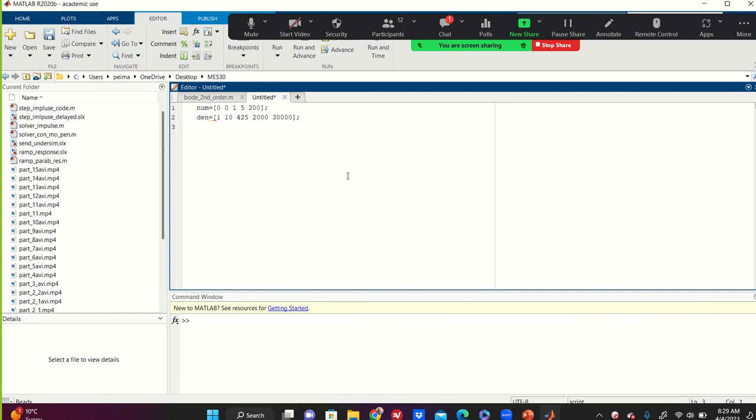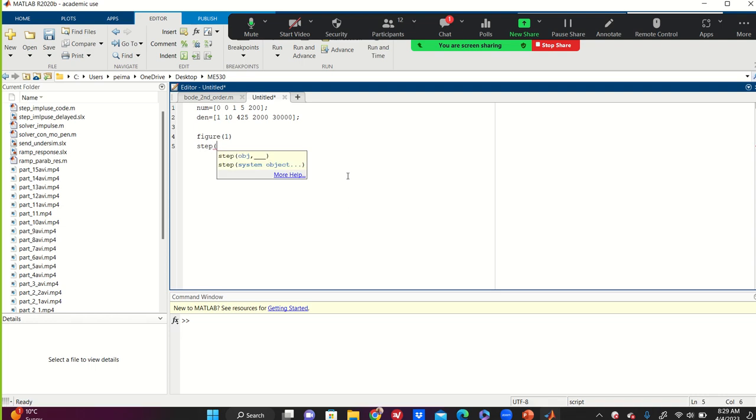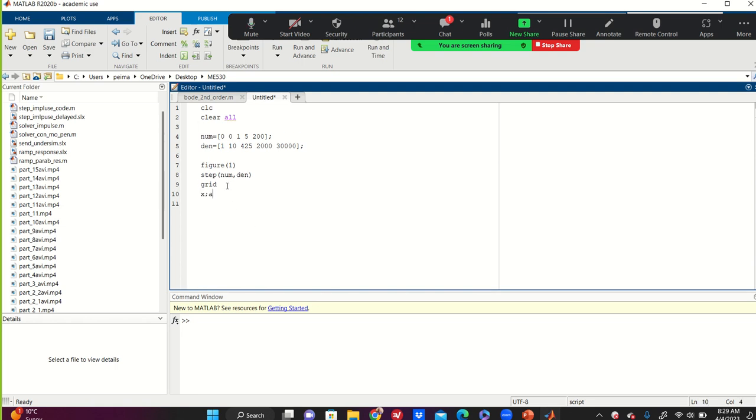Here we go. So I'm gonna say figure 1. Step, as I taught you. Step num and then den. And I'm gonna put CLC, clear all. X label is time, second.